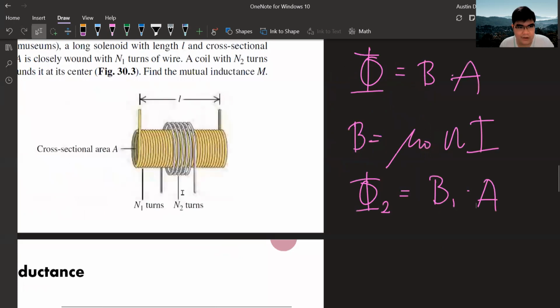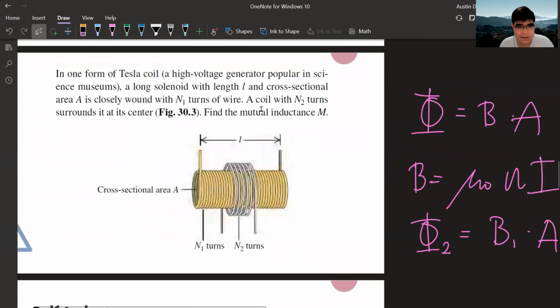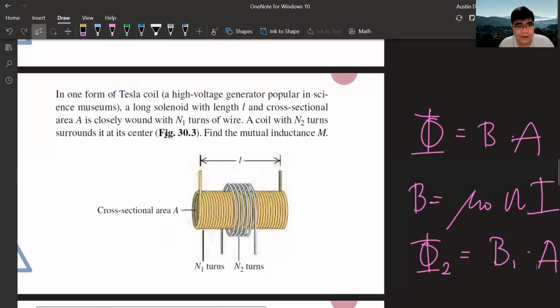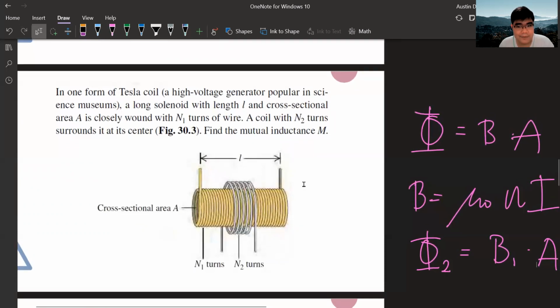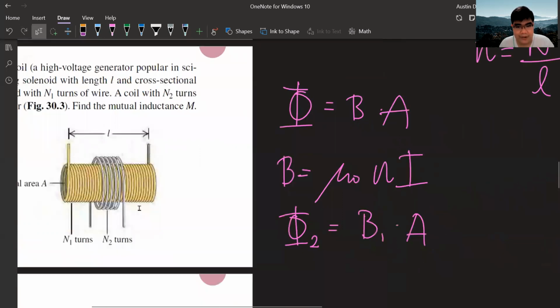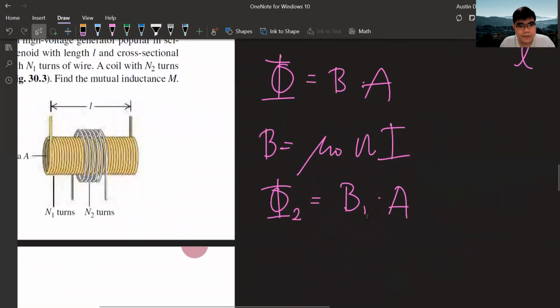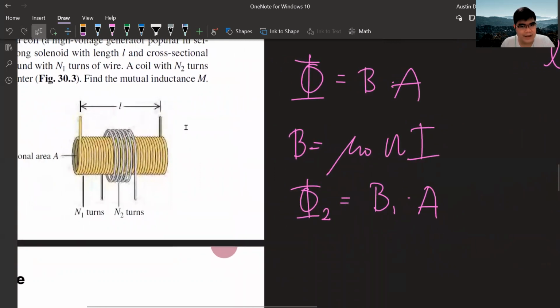Kasi parehas, sinabi sa atin na yung second coil is magkalapit lang, closely wound na pagkaka-wound sa wire na yun. Okay, so pwede natin siyang gamitin pa rin in approximation. Okay, bakit si B1 yung gamit natin? Kasi ayun lang yung magnetic field natin, di ba?